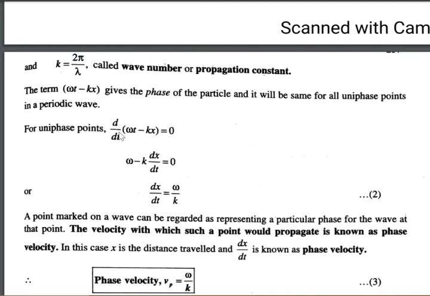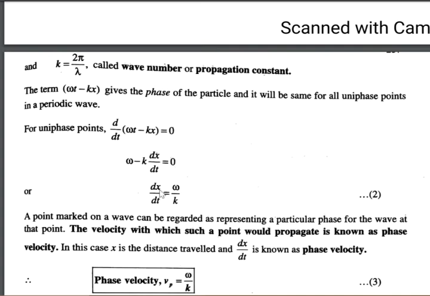So differentiating d by dt of (omega t minus kx), you know that the differentiation of a constant is 0, so equate it to 0. Therefore, omega minus k into dx by dt. If you differentiate this, omega into 1 is omega, minus k into dx by dt equals 0.